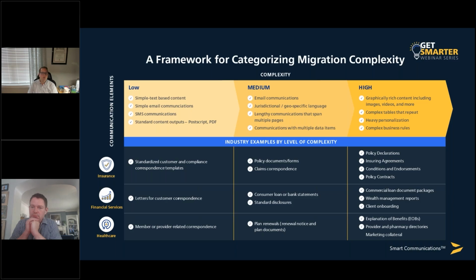So there's not much to them, usually 1 to 2 page letters. Medium complexity usually has to do with more logic involved, more additions, lengthier communications, and more data involved. And then high complexity, usually there's a lot of graphics, a lot of tables that are nested, a lot of personalization, and lots of business rules. So those are usually the categories that you have.